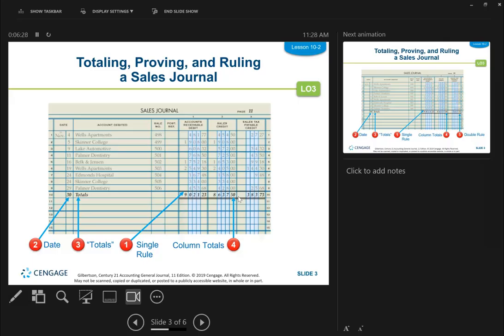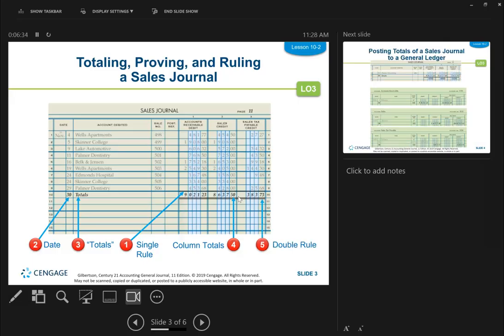You write the total, and then you add down the columns. A lot of inconvenient numbers, so you'll need a calculator to sum down the columns. Once you've done that, you can double rule. The check here should be that the sales credit total plus the sales tax payable credit total should give you the accounts receivable debit.